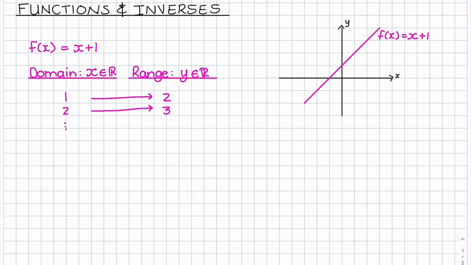And we can keep going, we can go as far as we like, and I can do as many examples as I want, and each time we're just going to add 1. For every input value, we have a unique output value. So every time we have a different x value, we get its own y value. It doesn't give us 2 different values, it only gives us one answer.